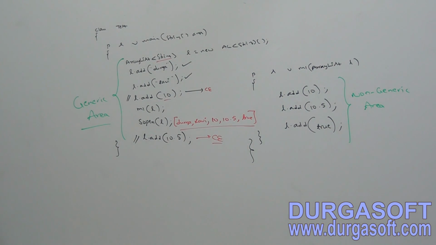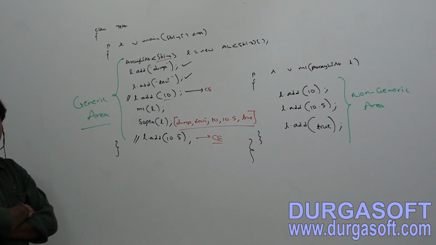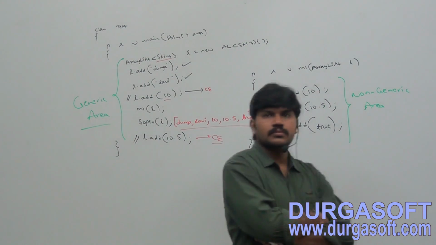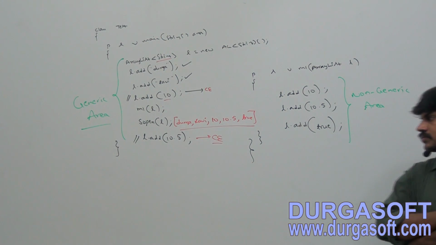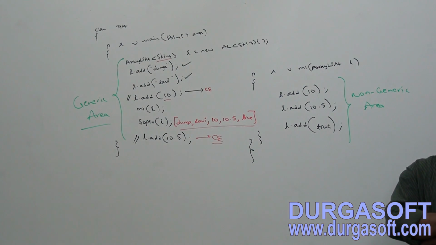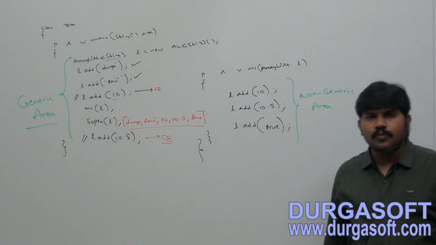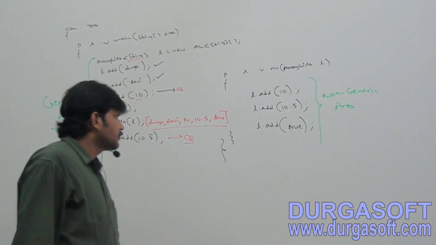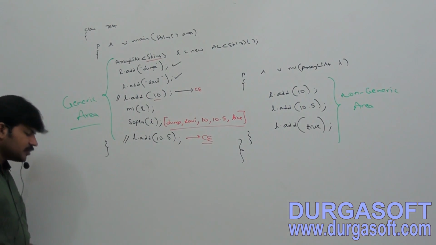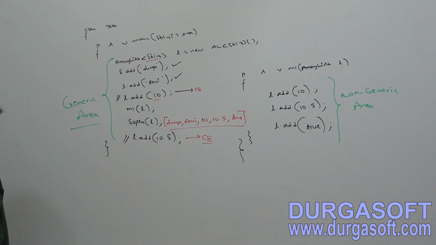Make sure that you take the comments also properly. Generic object to non-generic area, automatically generic properties by default will be gone. Similarly, a non-generic object to generic area, automatically it starts behaving like a generic object.